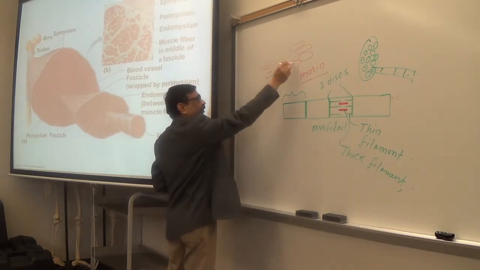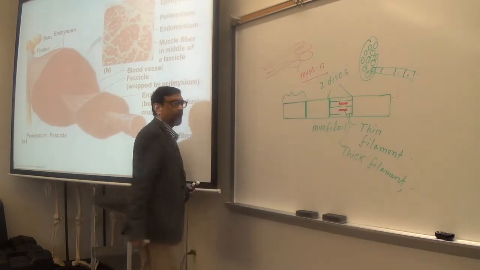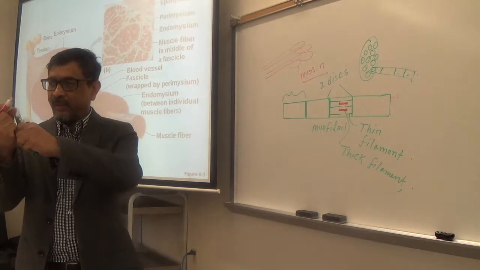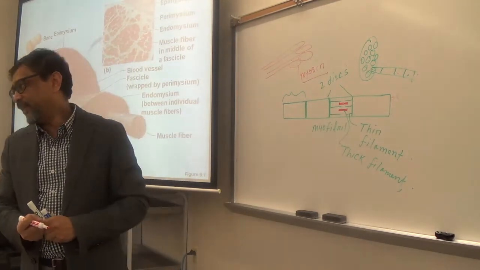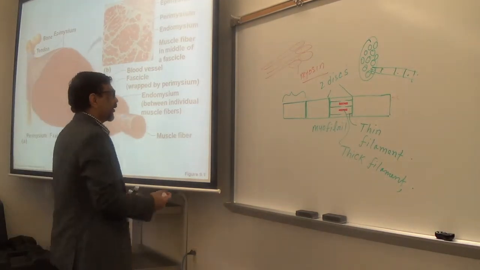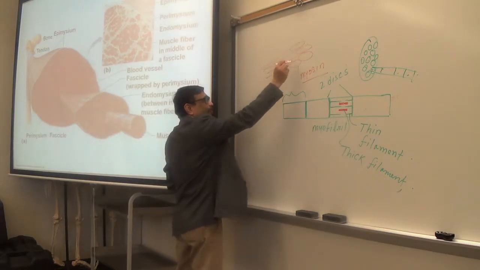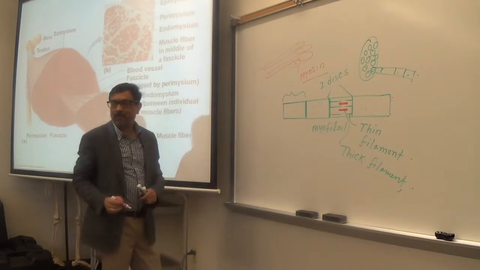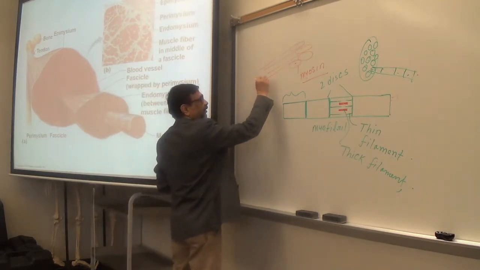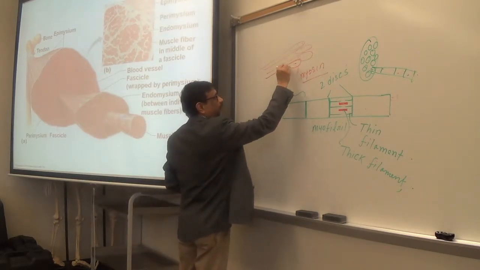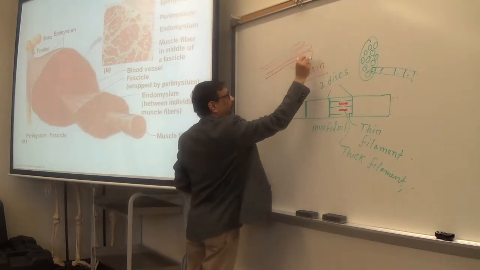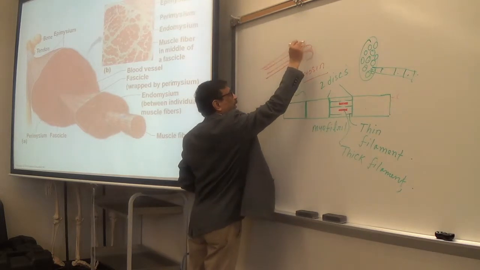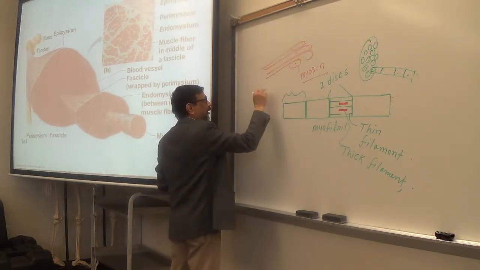So many myosin units or molecules joined together, bundled together to form a thick filament. Each myosin unit looks like a golf club. You see, each myosin looks like what? A golf club. Okay. So many golf clubs are bundled together to form the thick filament.